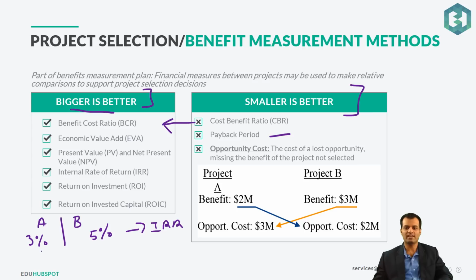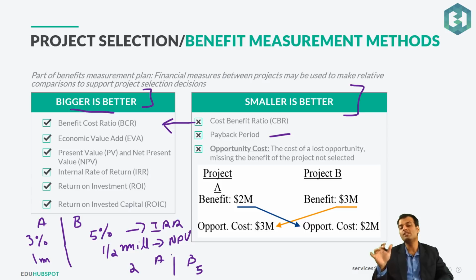Then they might say A has a NPV of 1 million, B has a NPV of let's say half a million. That's your NPV. And finally, they might say that A has a payback period of 2 months and B has a payback period of 5 months. So all of these things are given to you in the same question.